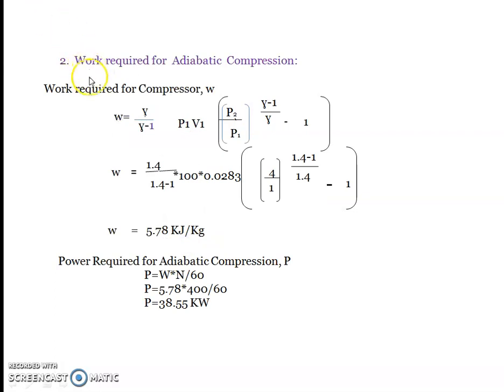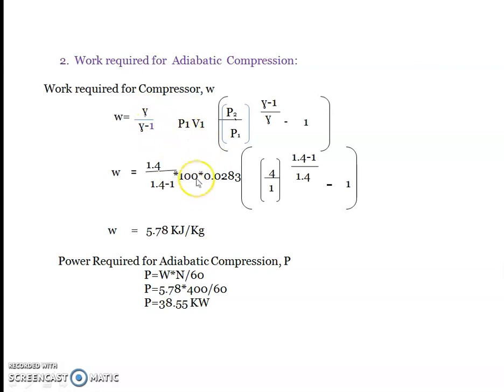In that, the second unknown parameter is power required for an adiabatic compressor. For calculating the power, we have to calculate the work done. So work required for the compressor W = γ/(γ−1) × P1 V1 × [(P2/P1)^((γ−1)/γ) − 1]. Since it is an air compressor, gamma value, that is adiabatic index for air, is equal to 1.4.